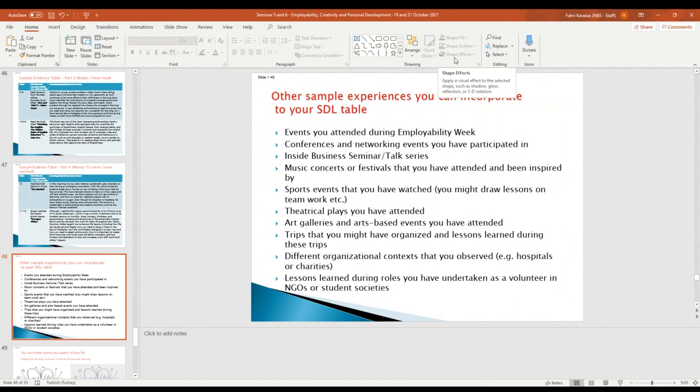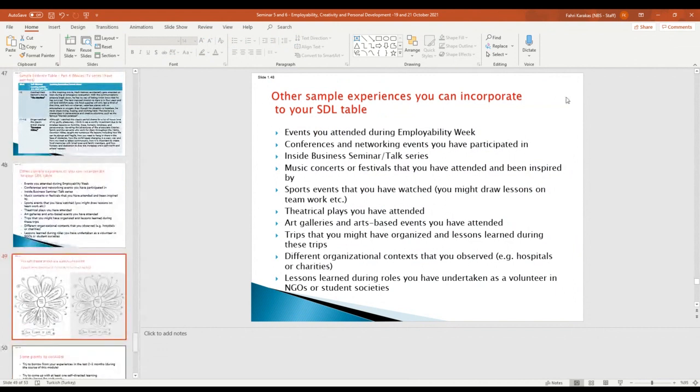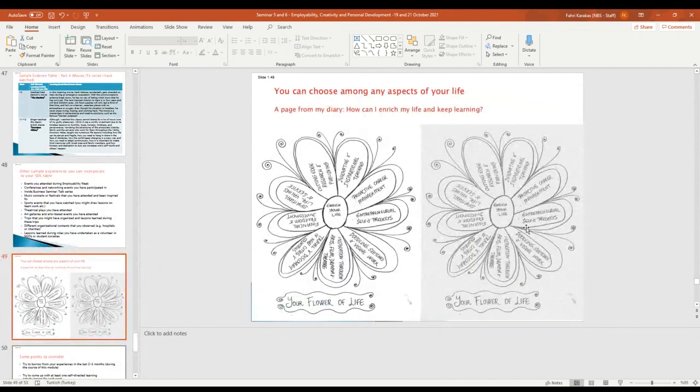You can attend some events on campus. You can go to the career center maybe, or workshops, conferences, sports events, theater, art galleries. So what inspired you recently? You can just turn it into learning. When were you really excited? Okay, so you can choose any aspect of your life.